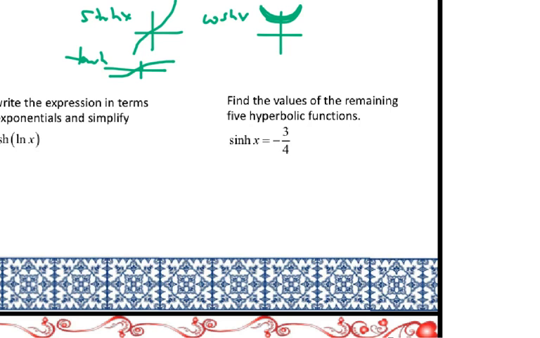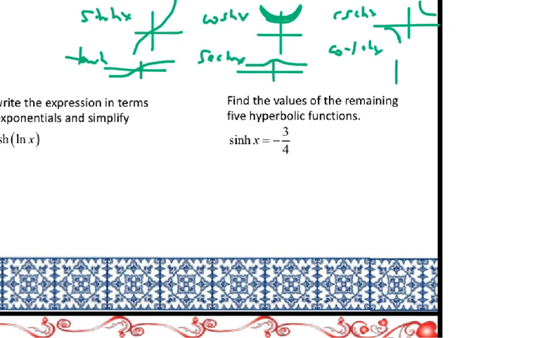The graph for sech looks like this. Cosech looks like this, and cotanh looks just like cosech, well, very similar.